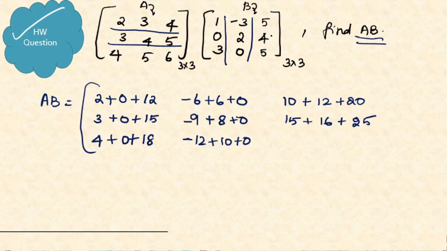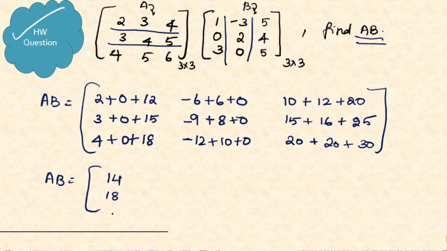So now we have to just simplify and write this. 12 plus 2 is 14, 15 plus 3 is 18, 18 plus 4 is 22. Next, minus 6 plus 6 is 0.